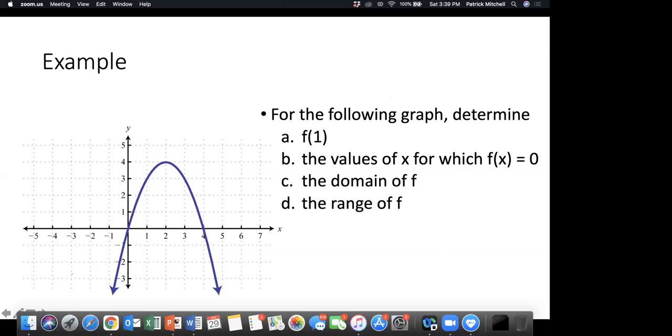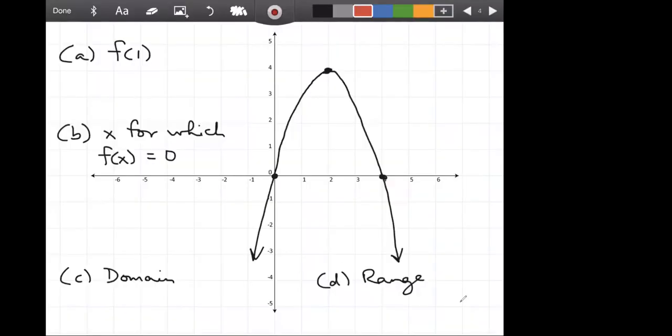I did the best I could to draw this graph. Okay, I think I did a pretty good job. All right, so f of 1 is 1 an x or a y value? 1 is an x value, right? Because it's going into the function.